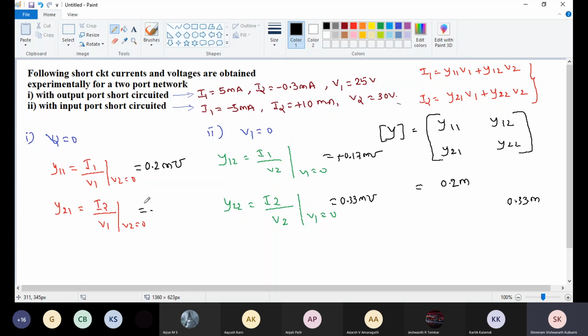Y12 is 5 divided by V2, 30, that is 0.17. Then Y21 is I2, minus 0.3 divided by V1, that is 25, which is minus 0.012 millimho. So Y21 is minus 0.012 milli and Y12 is 0.17 milli. Okay, this is my answer.